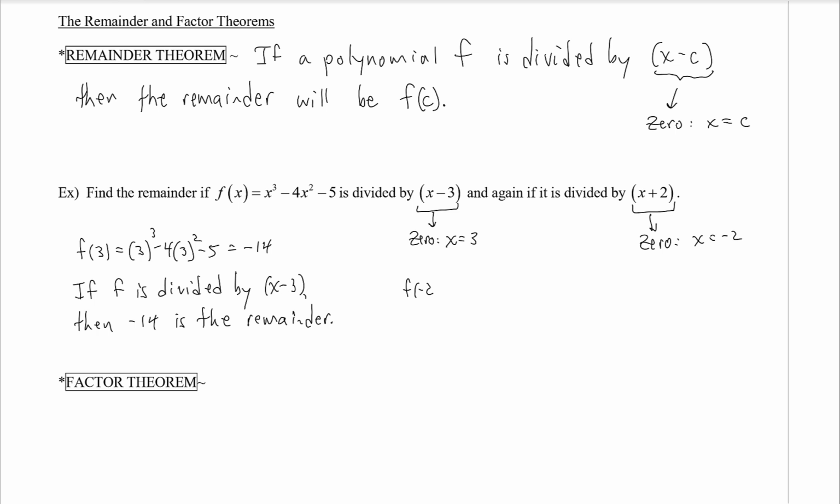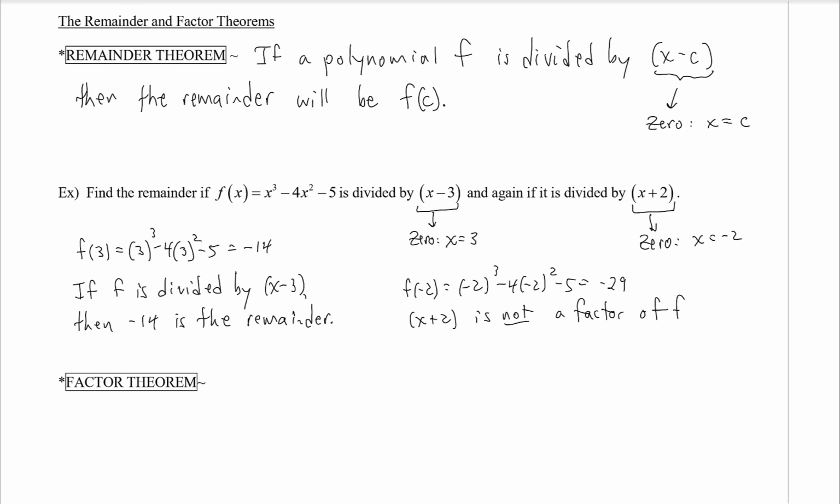If I plug negative 2 in, again assuming I do my arithmetic correctly, I believe that comes out to be negative 29, which is not 0. So once again, I know that x plus 2 is not a factor of that cubic. I would be looking for the remainder to be 0. That's what I want. So this tells me that x plus 2 is not a factor of f because the remainder isn't 0.